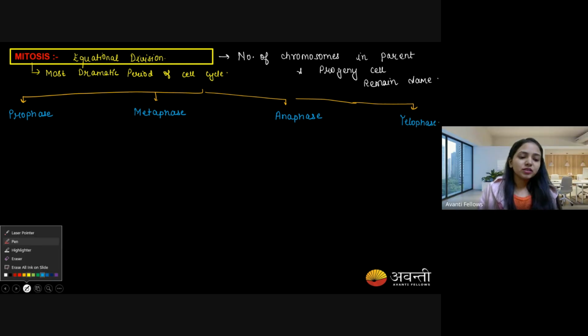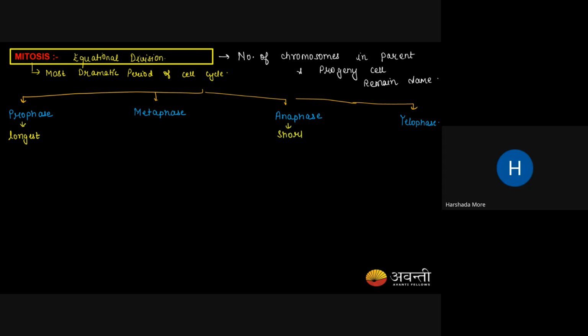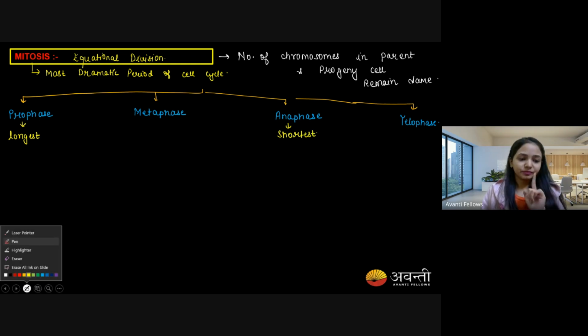Okay. Prophase is known as the longest phase. Prophase को हम बोलते हैं longest phase of the mitosis. And the shortest phase is Anaphase. Very well done.